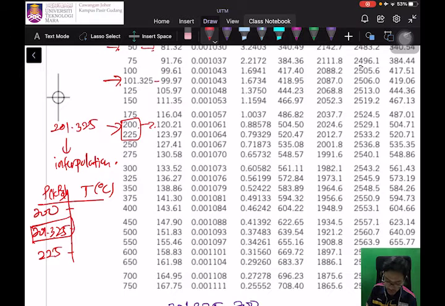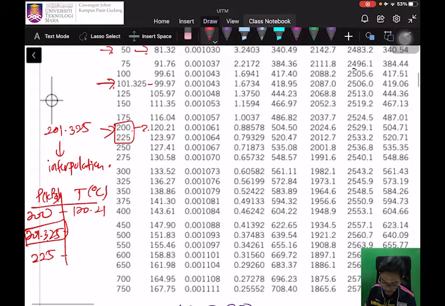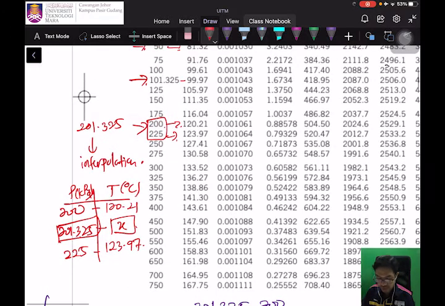For 200 kPa it is 120.21 degrees Celsius, and for 225 kPa it is 123.97 degrees Celsius. We need to get x, which lies between the upper value and the lower value. This is the interpolation method that you need to do to get the corresponding temperature for 201.325 kPa.